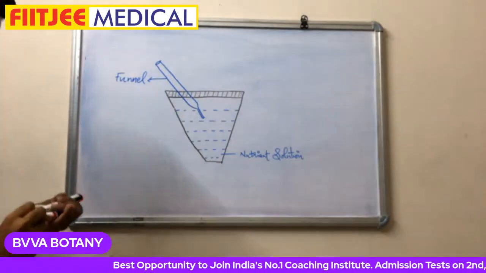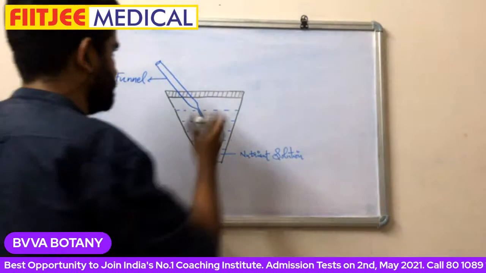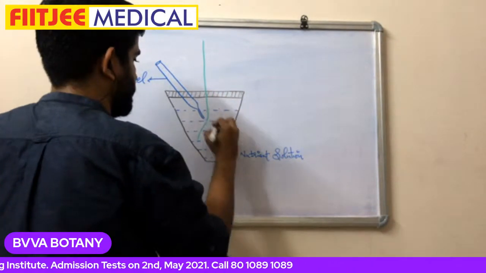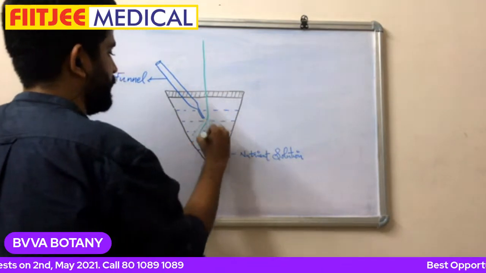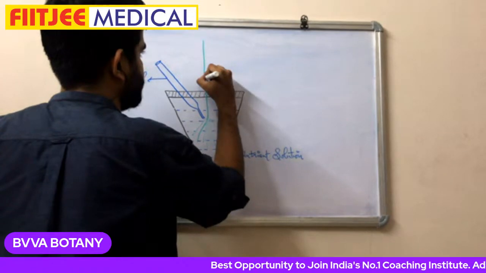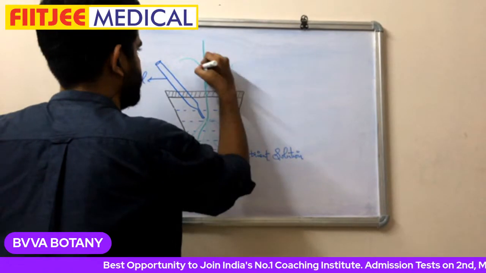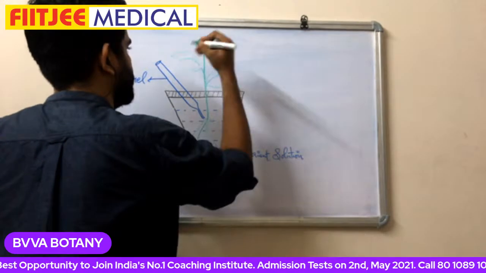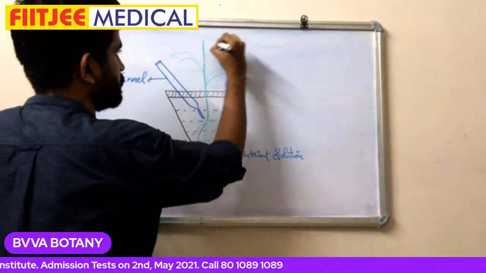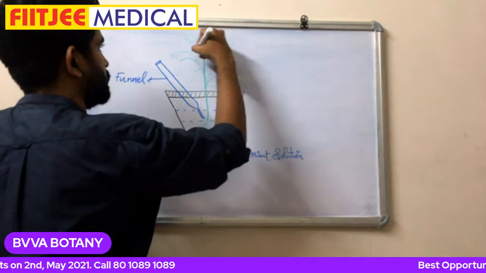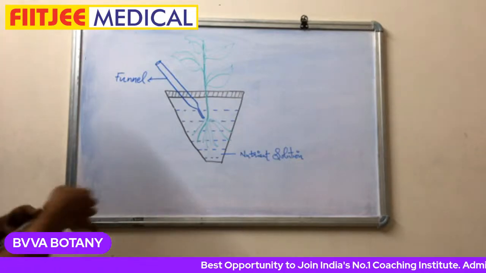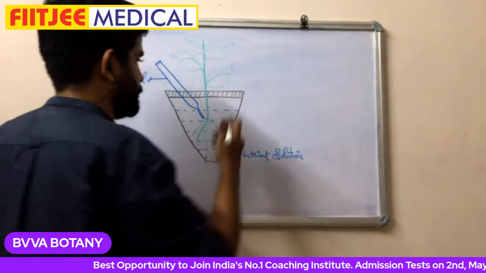Now to this we are introducing the plant, correctly, with the developed roots and all. Along with that, another tube we are introducing to this.